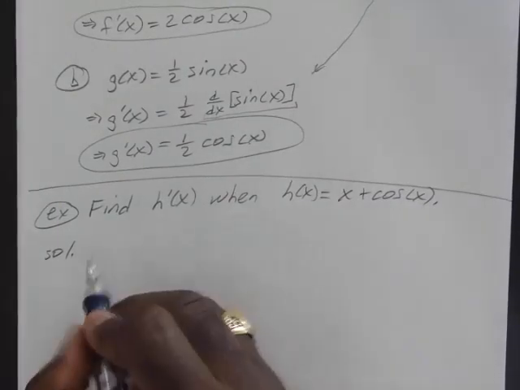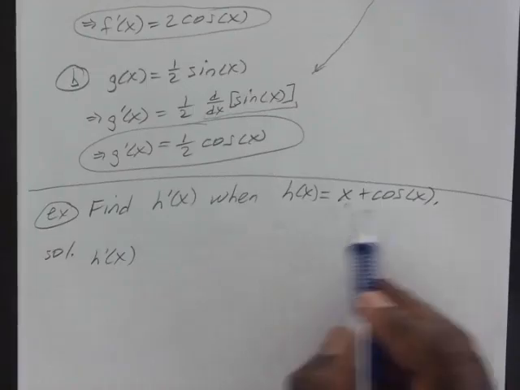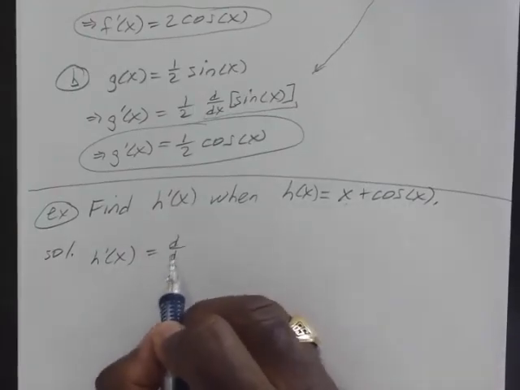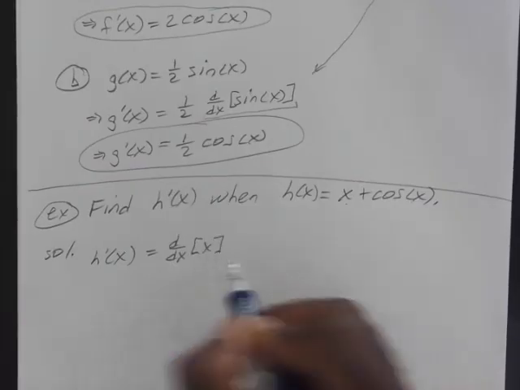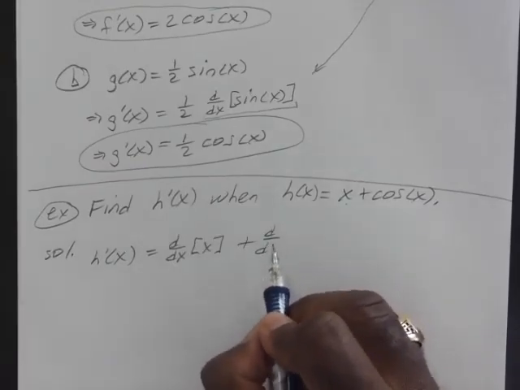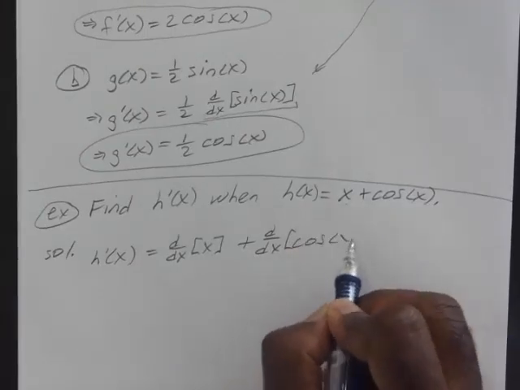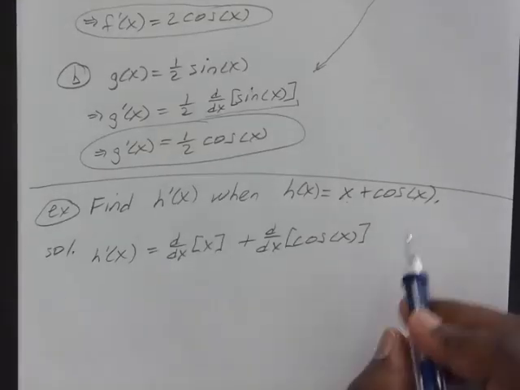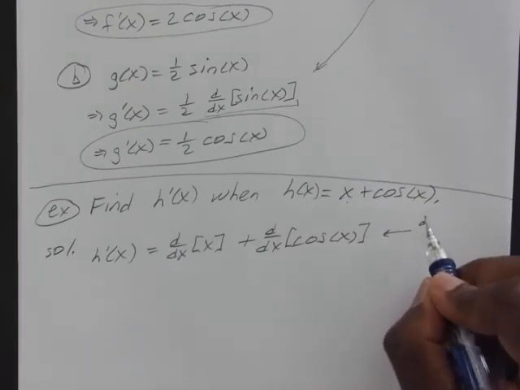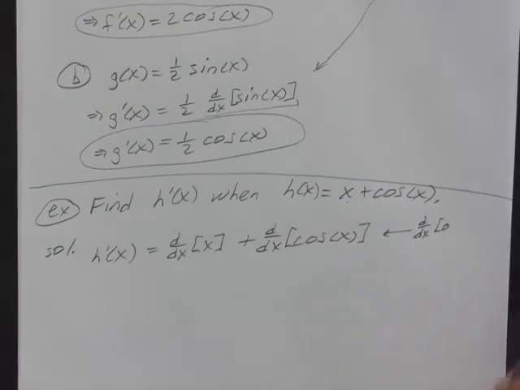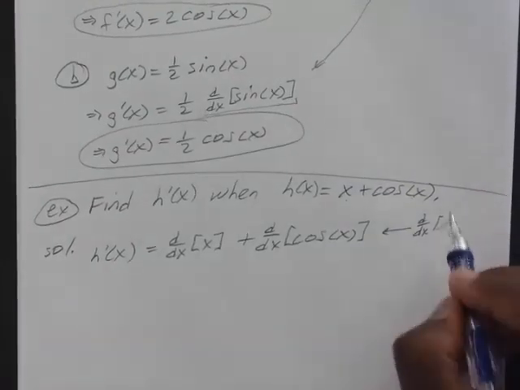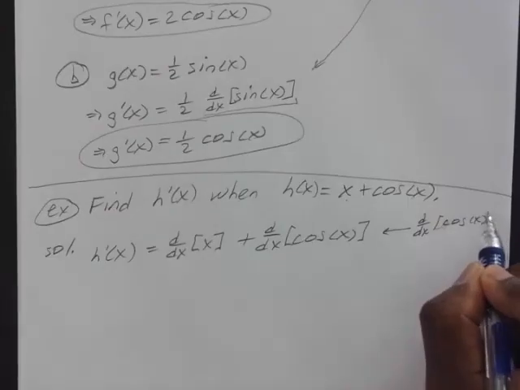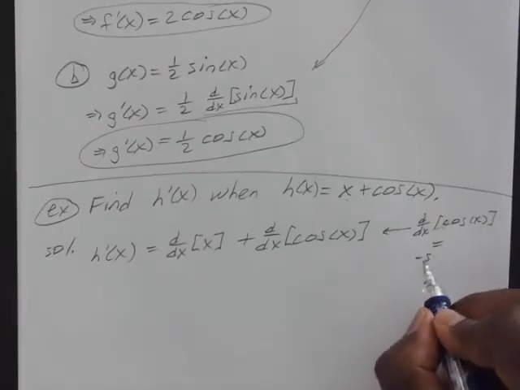Okay, well, we know that h prime of x is just the derivative of each term, so that's going to equal the derivative with respect to x of x plus the derivative with respect to x of cosine of x. Okay, well, we know the derivative of cosine equals negative sine of x.